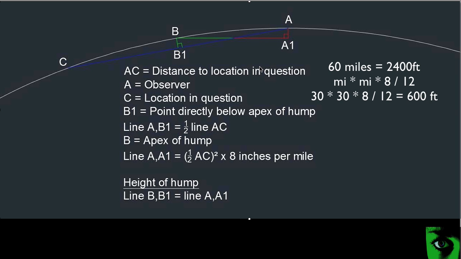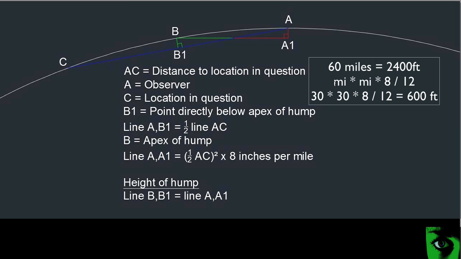All right, now here it is simplified. How do we figure this out? If you're dealing with 60 miles, you can put any number in here. 60 miles is 2,400 feet of curve. So from A to C, if this is 60 miles, C is going to be a 2,400 foot drop in curve.